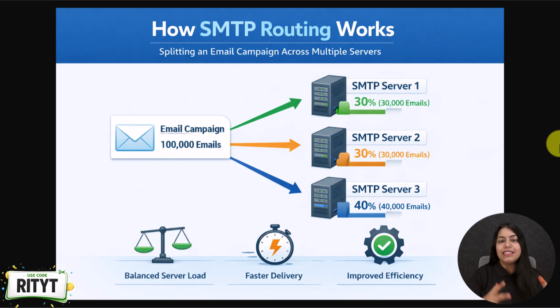Similarly, if you have multiple SMTP servers with smaller sending limits, you can connect them together and distribute the sending across them. This allows you to send campaigns to a much larger number of subscribers, even if each SMTP provider has its own limits. So now let's quickly show you how this works.